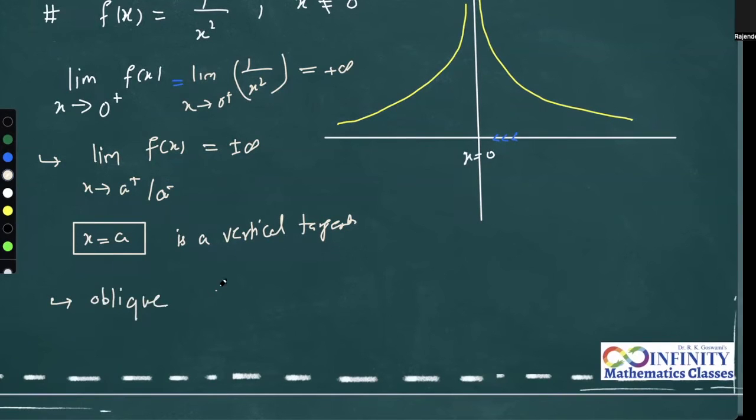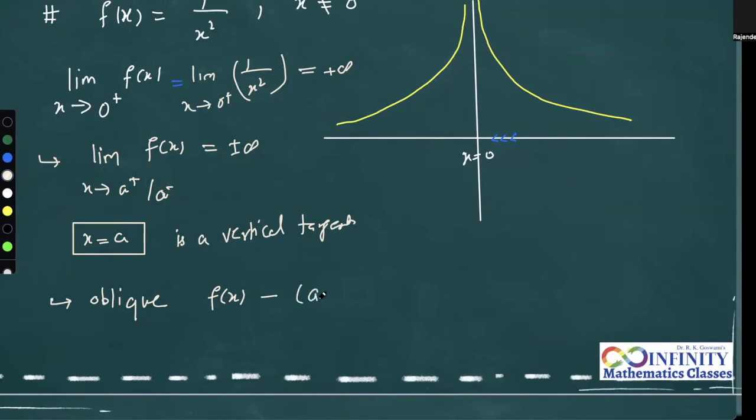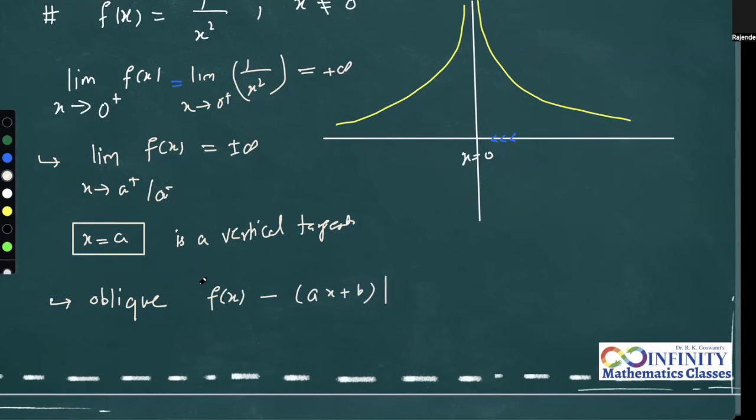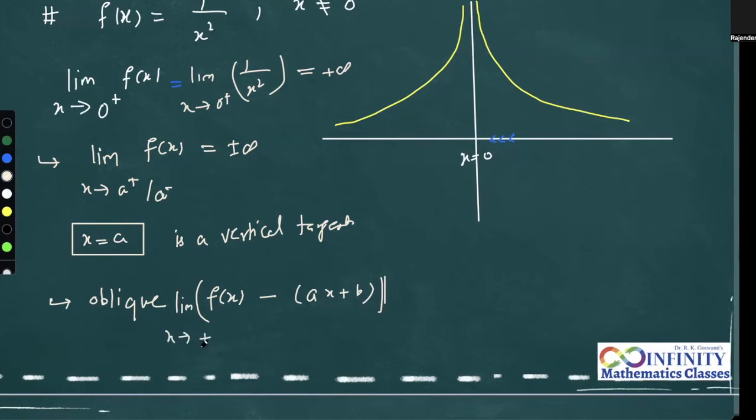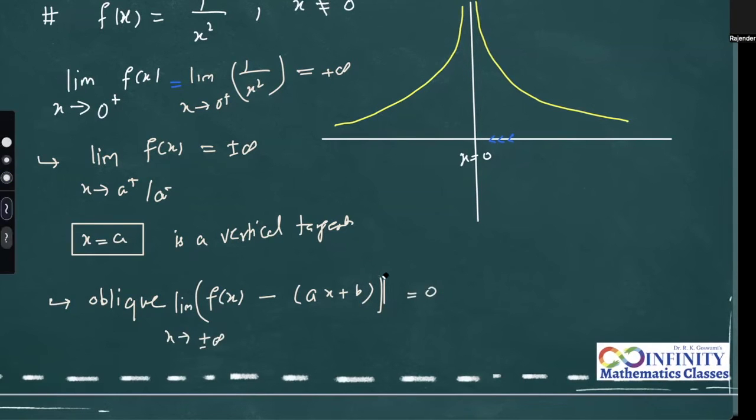For the oblique asymptote, just suppose there is a function f(x), and you are able to find some values of a and b such that this difference, as you take limit x tends to plus or minus infinity, is going to be 0. Let me tell you once more. f(x) is a given function.